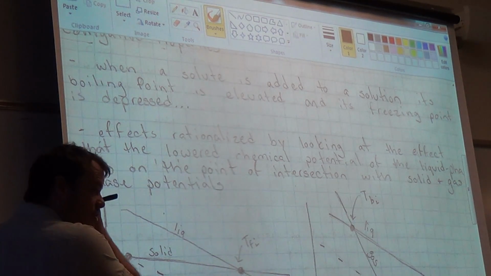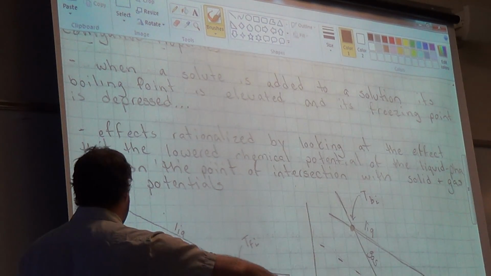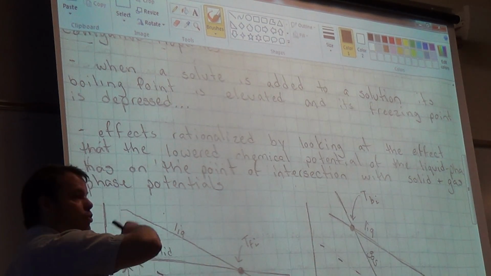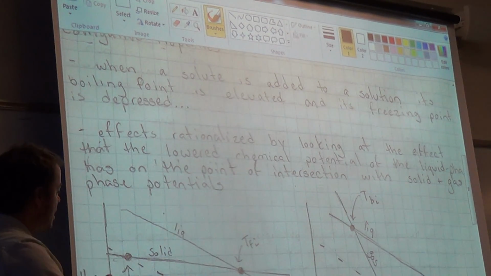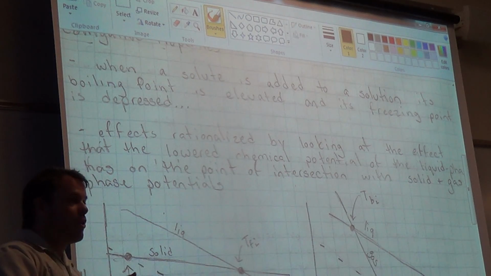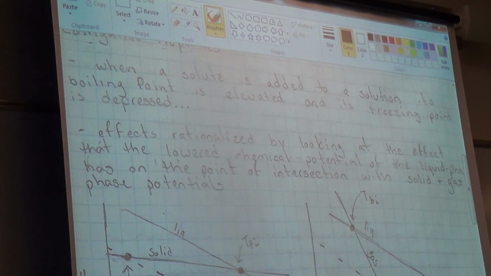Remember that we've been looking at graphs where the chemical potentials, as they vary with some variable, were plotted on the same space, and we looked at the points of intersection, and we said that the points of intersection were points of equilibrium between different species, right?